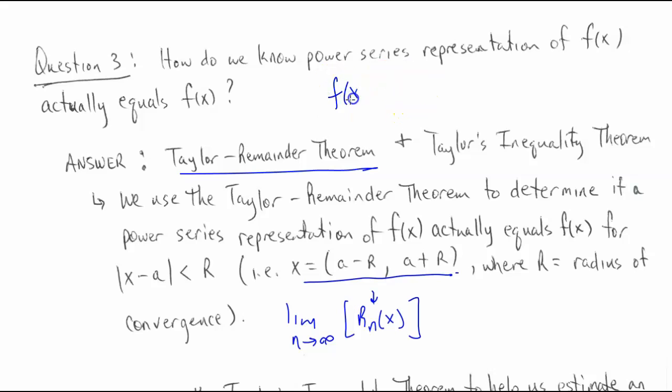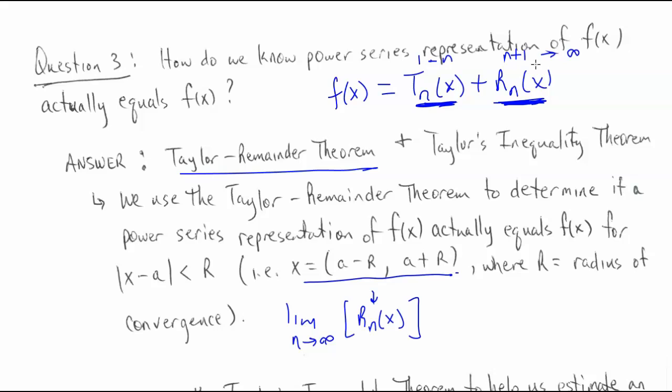So if we were to take our function f of x and write it out this way, where T sub n of x is going to be the first n terms of our infinitely long polynomial, and this is the remaining of those terms. So this is going to be terms 1 through n, and this is going to be the n plus 1 all the way to infinity.